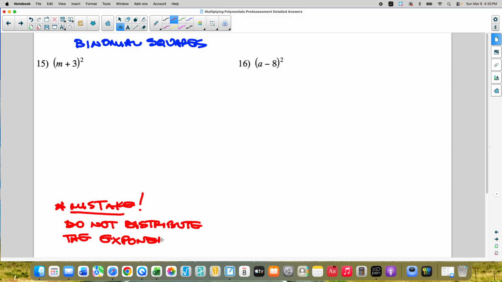And what I mean by that is do not distribute this and do not make it m squared plus 9. No. That is a big no. A binomial square means that the base of this exponent, m plus 3, is multiplying by itself 2 times.